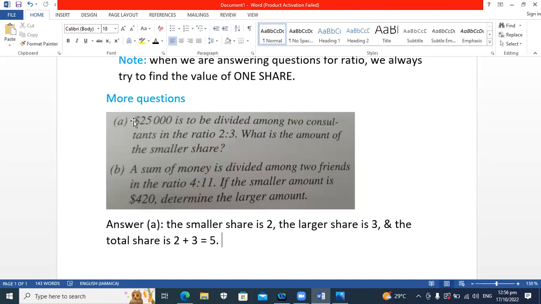But part B is talking about 420, and 420 is a smaller share, and that will be connected to 4. So that part is what you use to find the value of 1 share. So the value for A of 1 share would be what? 25,000.